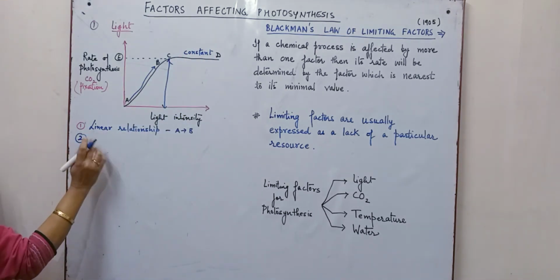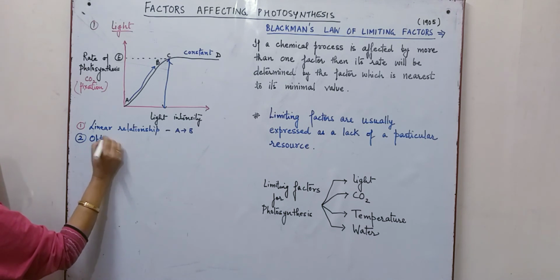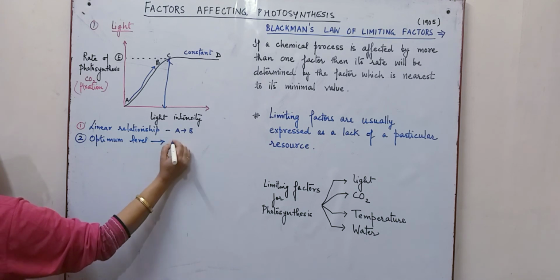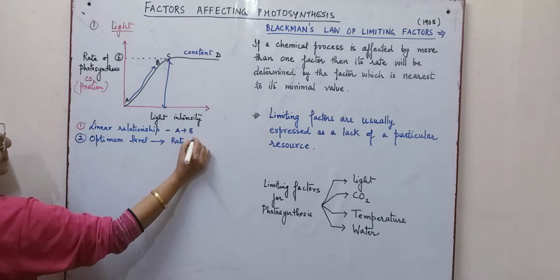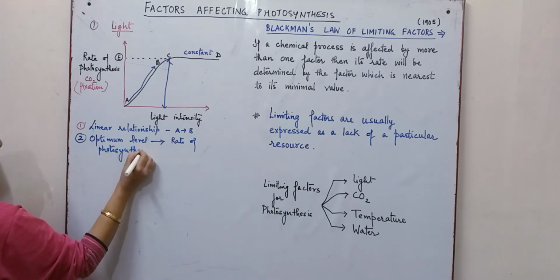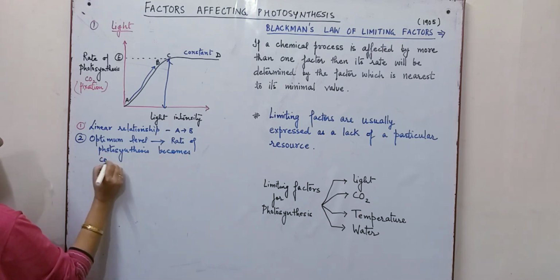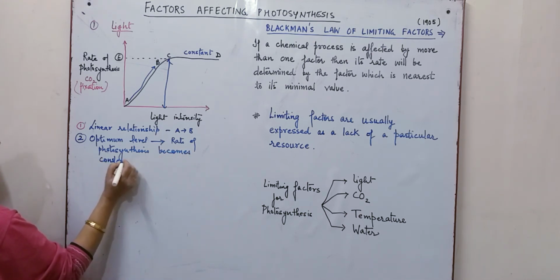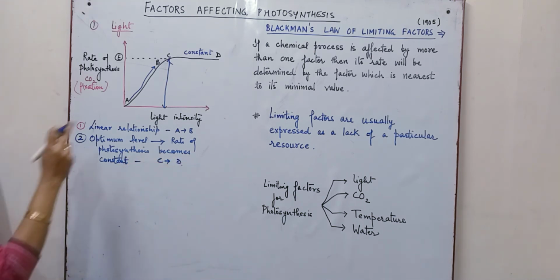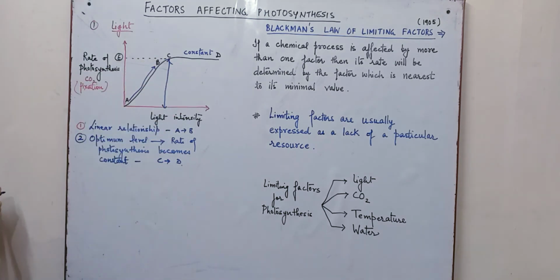After reaching the optimum level of light, the rate of photosynthesis becomes constant. And you can see from the graph that from C to D, it is constant. E is the optimum light intensity.